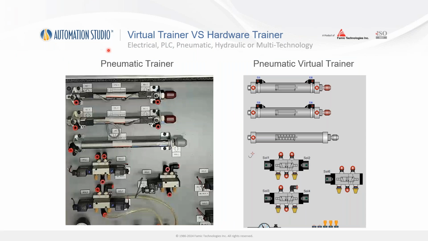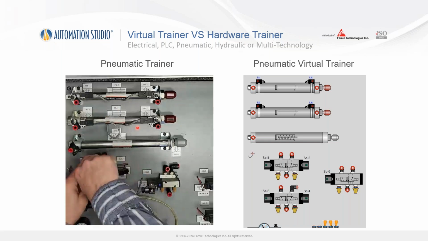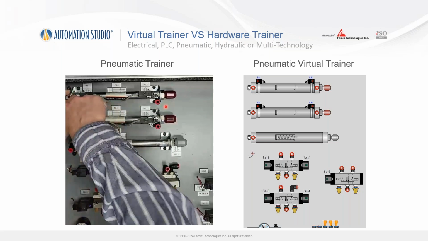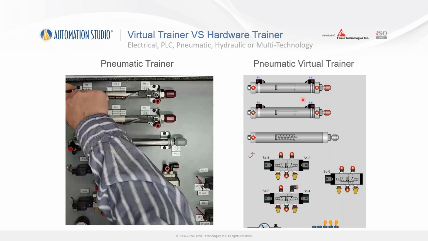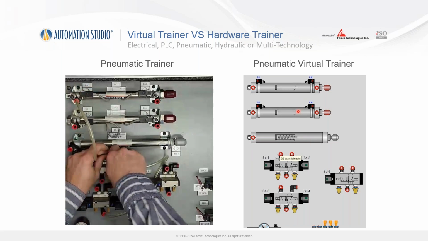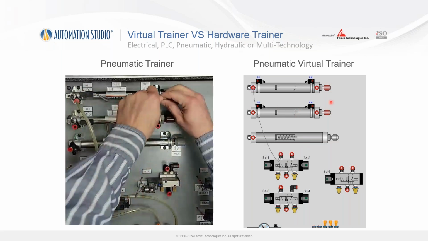Here is an example of virtual trainer versus hardware trainer. This is the pneumatic trainer kit, and you can see this is the hardware of pneumatic. You can see the same components we have created in Automation Studio with the same specification, and you can understand how easy it is to connect the components.